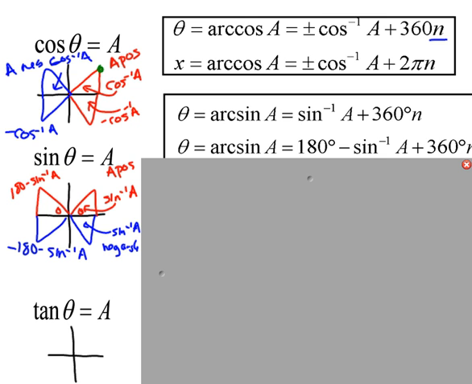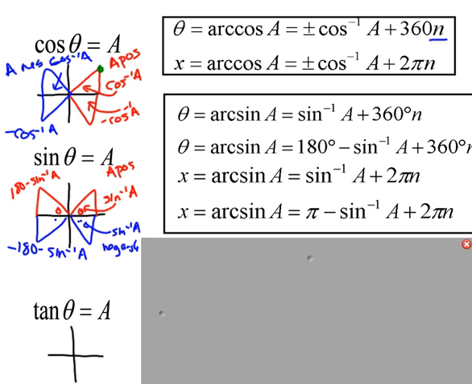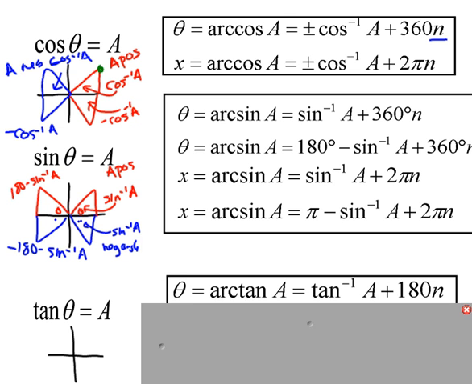It's going to say, for example, negative 30. And so if this was negative 30 degrees, my other solution is 180 minus negative 30, or 210. And then our last set, really quickly, in radians, instead of 180, it's pi, and instead of 360, it's 2 pi.